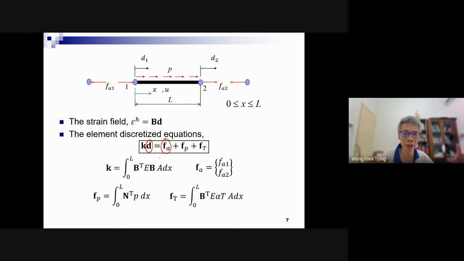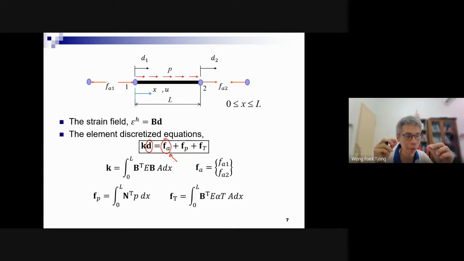So we assemble the equations first. After we assemble, we can interpret this as the force at the nodes, not direct nodal applied force, because of the equilibrium.